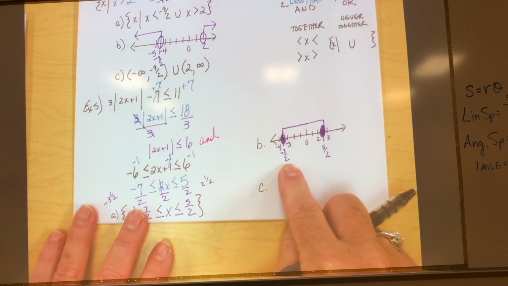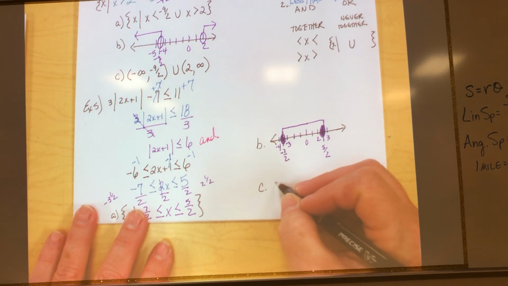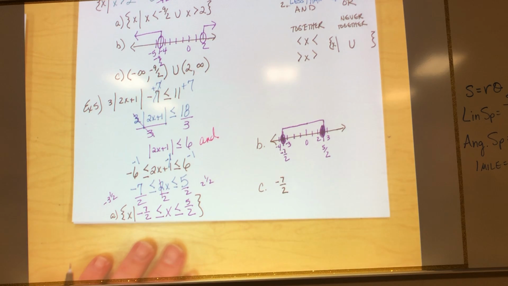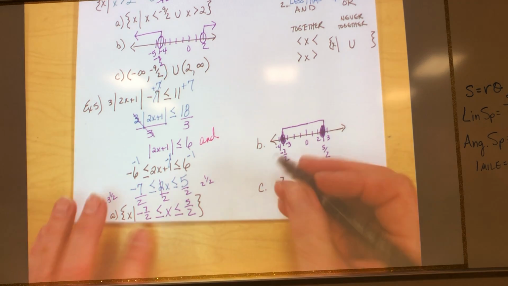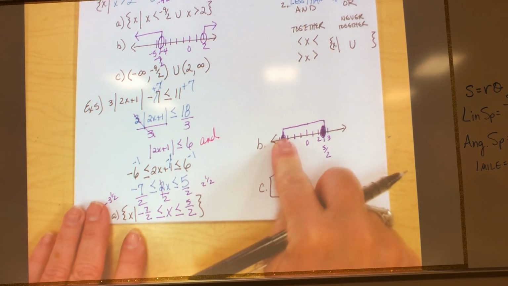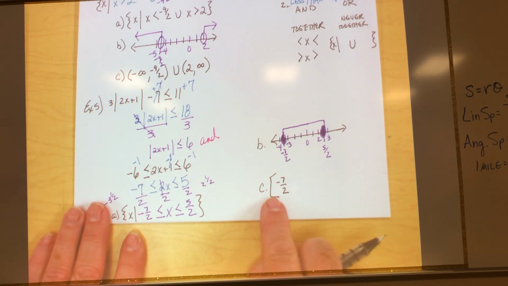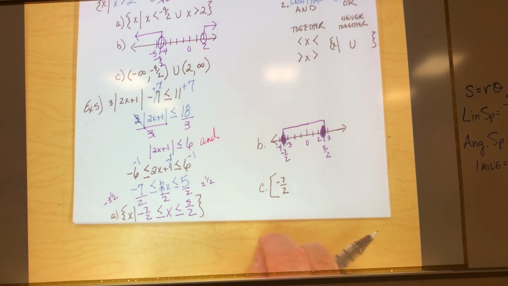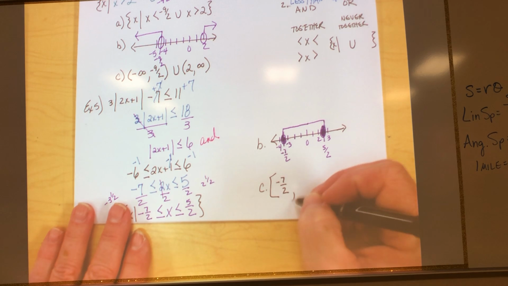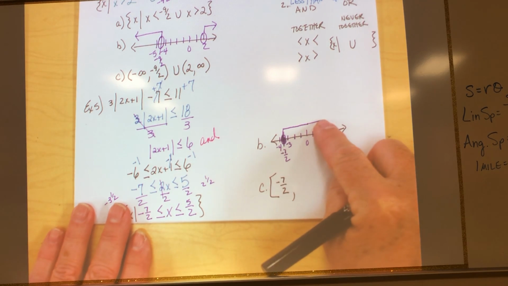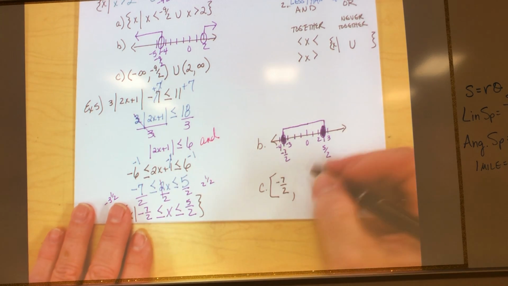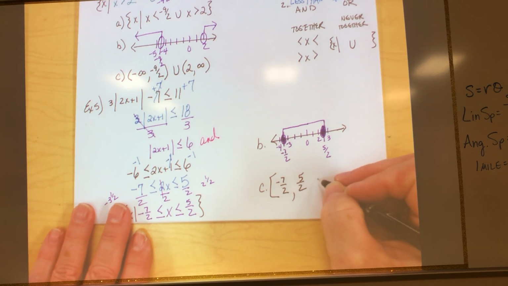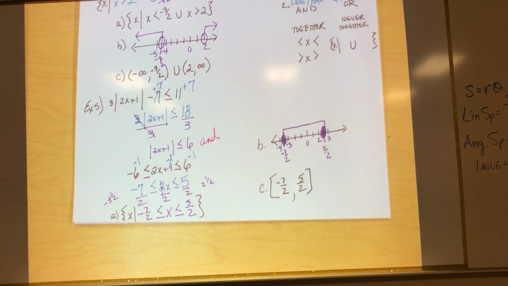So where does it start? Negative 7/2. Included or excluded? Included. Solid dot. Line under it. Bracket. They all mean the same thing. Okay? Comma. And he goes all the way until you get to 5/2. Included or excluded? Included. And that's my answer.